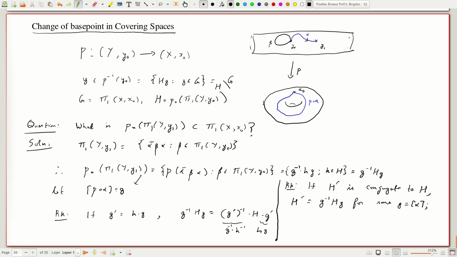And hence we can see H prime is going to be P star of pi 1 of y1, where you can presumably guess y1 is going to be by definition alpha tilde of 1. We just reverse the construction. So the point is that the groups for the different base points are exactly the conjugates of these groups.